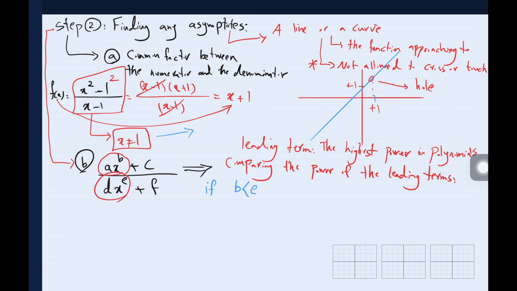So in this case, we'll have a horizontal asymptote, and how would that horizontal asymptote be? So y equals 0 is going to be that horizontal asymptote, which is the x-axis.